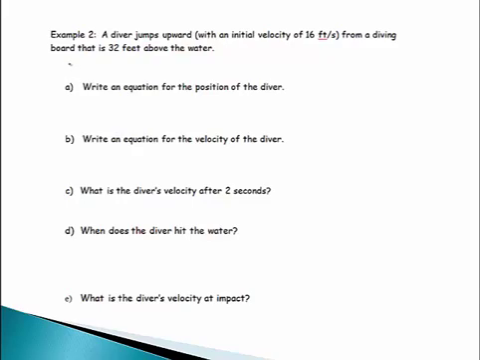This one says a diver jumps upward with an initial velocity, remember that's the middle number, in feet per second. Okay, here's my clue. Which formula should I use? Write an equation for the position of the diver. The one from the previous slide would be negative 16t squared plus v0t plus s0. So I'm going to write s of t equals negative 16t squared.